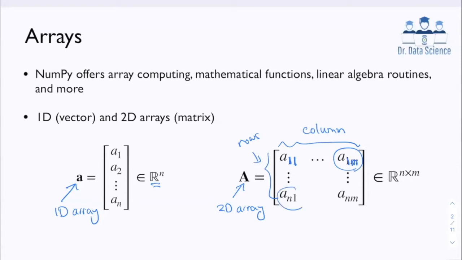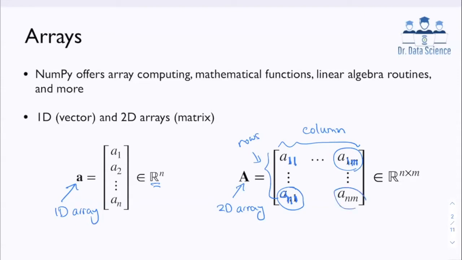And now we can similarly index this point here because it's in the row number N. We put N for the first index and it is in column number 1. So that's why we call this AN1.